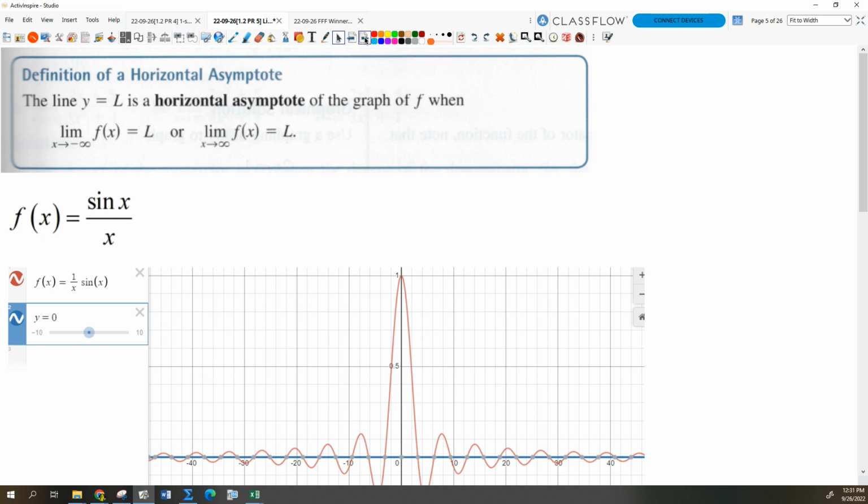If the behavior becomes consistent and the function more and more closely approaches a specific y value, the further I go to the left or to the right, then that constitutes a horizontal asymptote. What is a horizontal asymptote? It's just a line that the function tends to stick to as you get closer and closer to infinity or negative infinity. For a vertical asymptote, what did that mean?